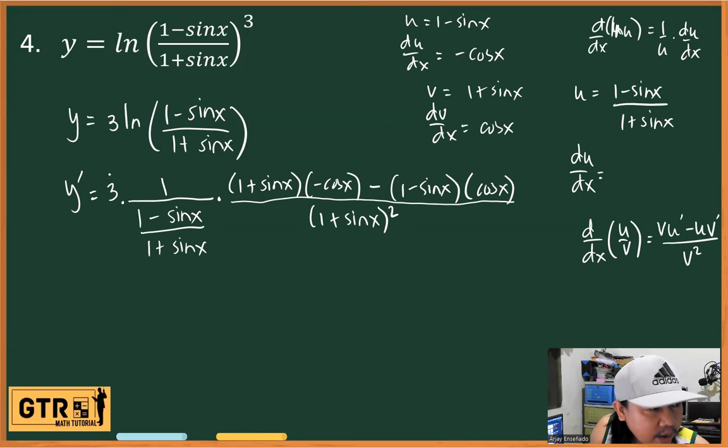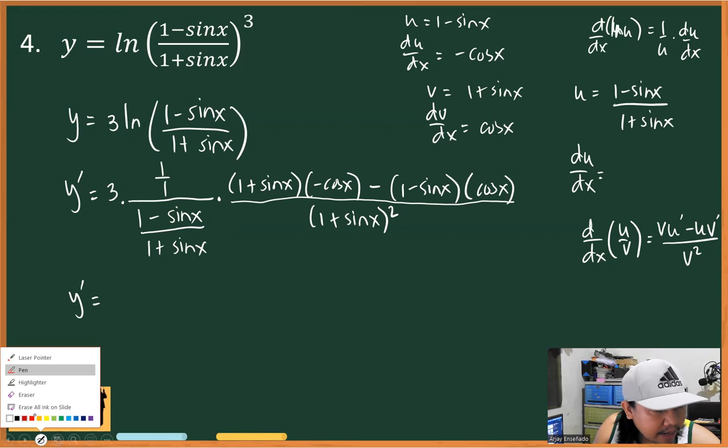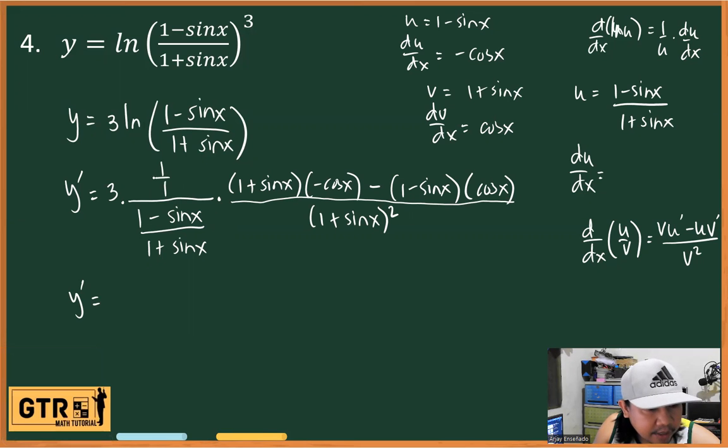Okay? So now we will simplify. y prime is equal to, so we have a complex fraction here, 1 all over 1 minus sine x over 1 plus sine x. For the numerator, we can write it as 1 over 1, and then we can apply the shortcut in dividing complex fractions.